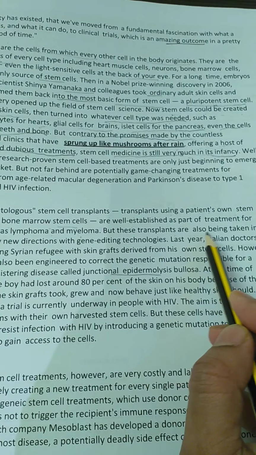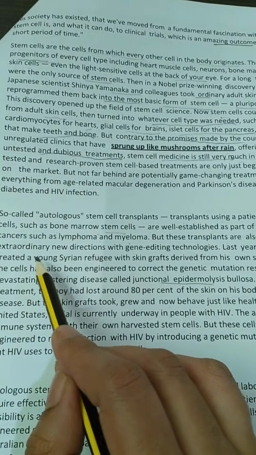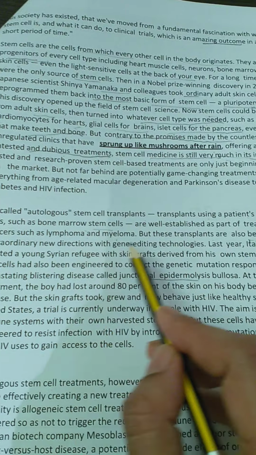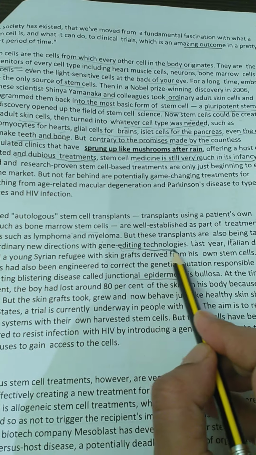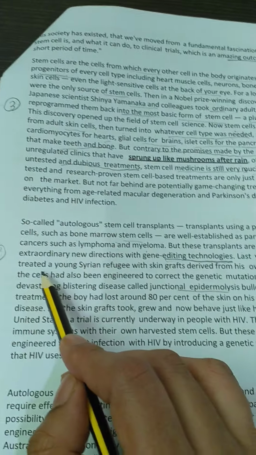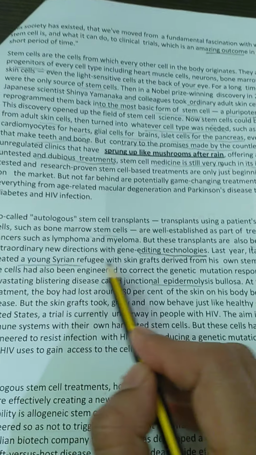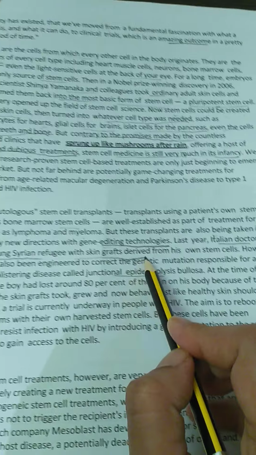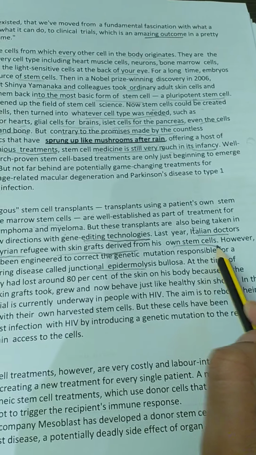But these transplants are also being taken in extraordinary new directions with gene editing technology. See, it's mentioned here. Last year, Italian doctors treated a young Syrian refugee with skin grafts derived from his own stem cells.